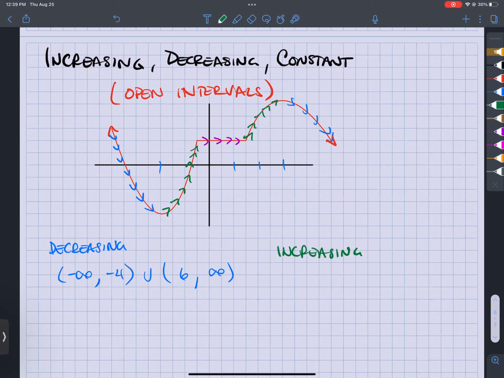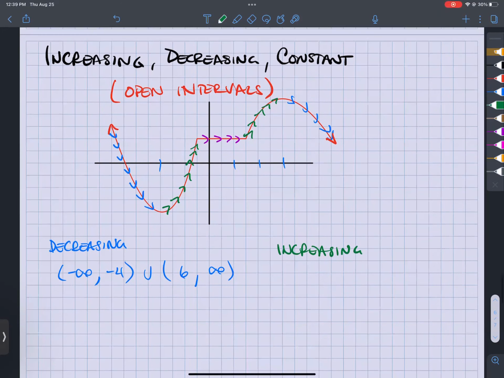And then with increasing, it'll be from -4 to -1, union with 3 to 6.